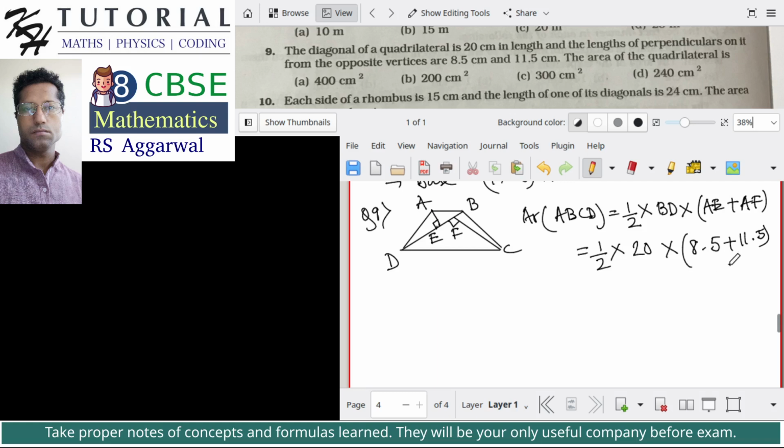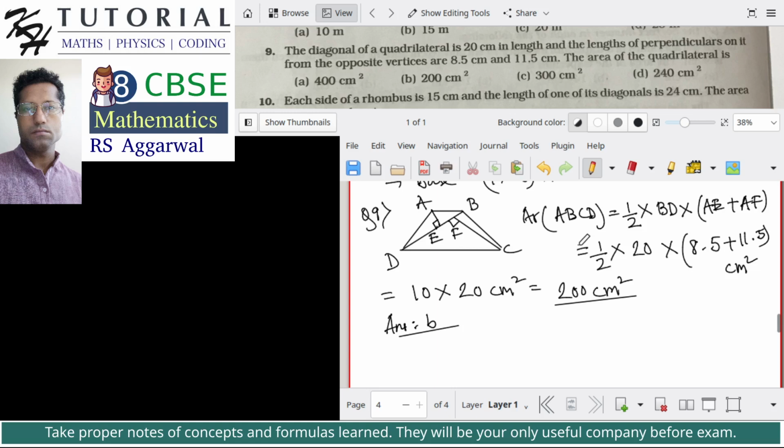So this much centimeter square will be the area. So this is equal to 10 multiplied by 8.5 plus 11.5 is 20. So the area is 200 centimeter square. So the correct choice is B. B is the correct choice.